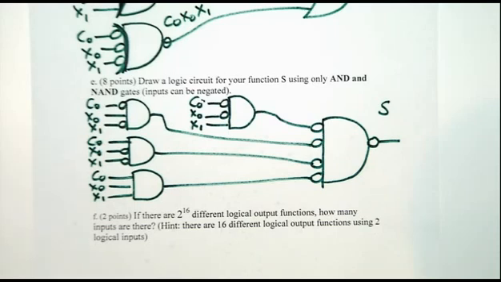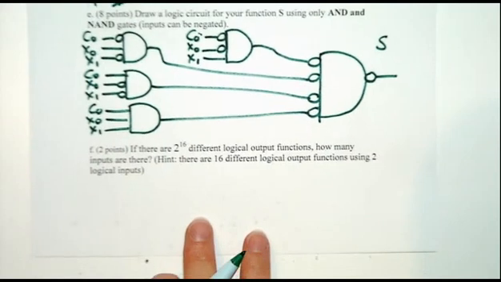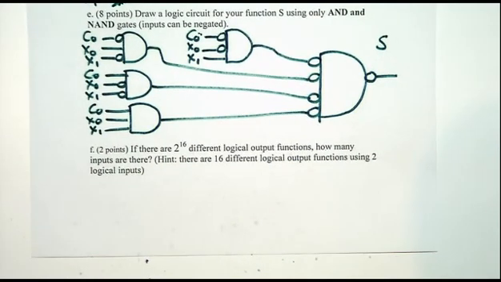So, okay, this last question, you won't have a question like that, but let's answer it anyway. Okay, it says, if there are 2 to the 16th different logical output functions, how many inputs are there?